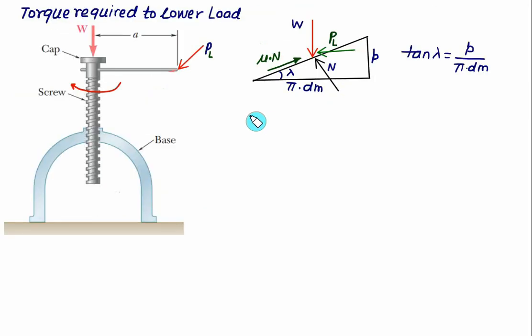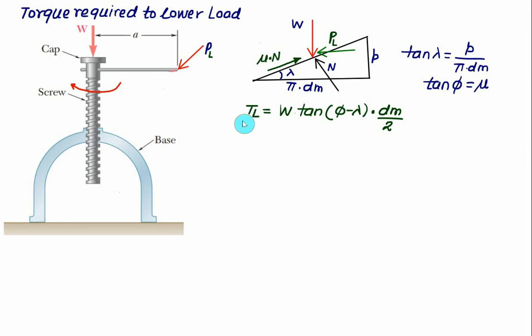So we'll skip the analysis here and write the final equation of the torque required to lower the load. TL will be equal to W into tan of phi minus lambda multiplied by dm divided by 2. When the load is moving in a downward direction, some component of the weight is used to overcome the friction, and the remaining friction is overcome by the external torque equal to TL.